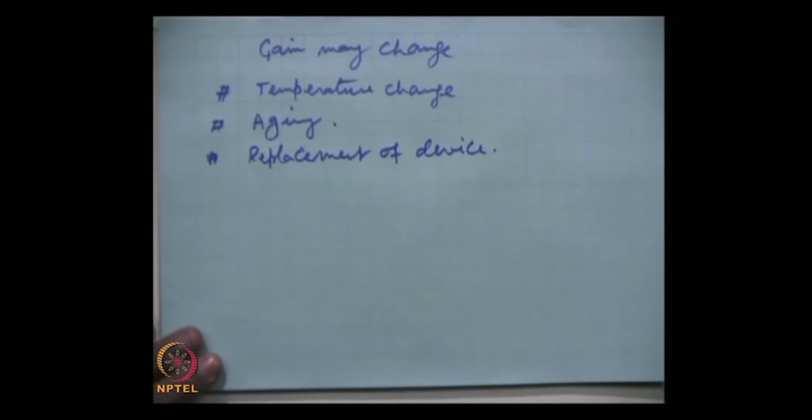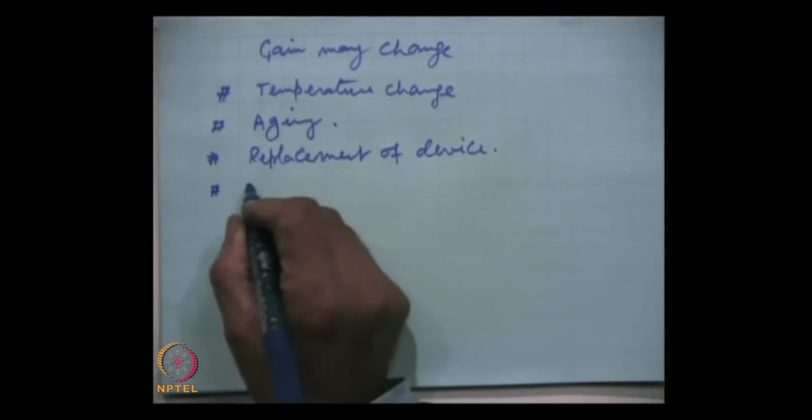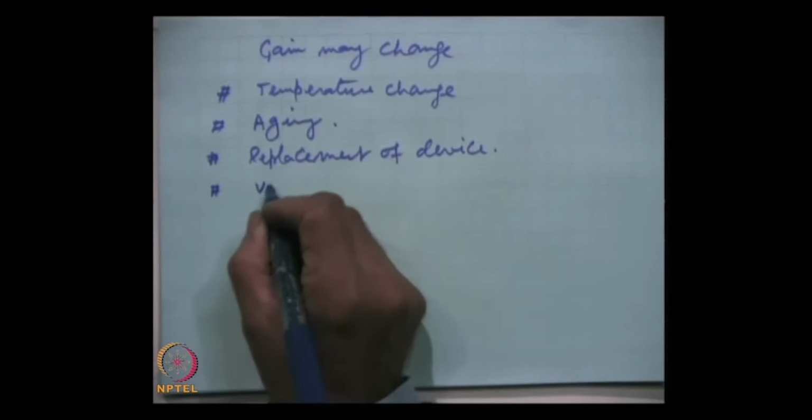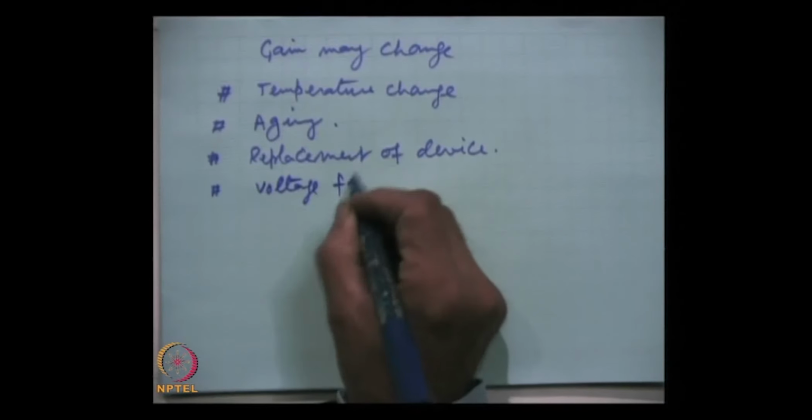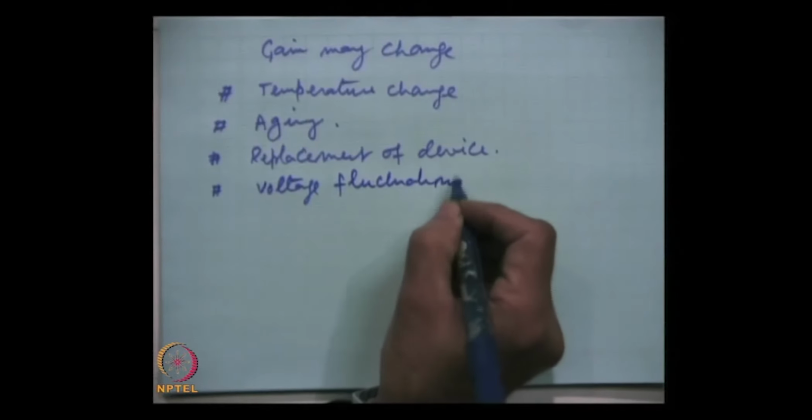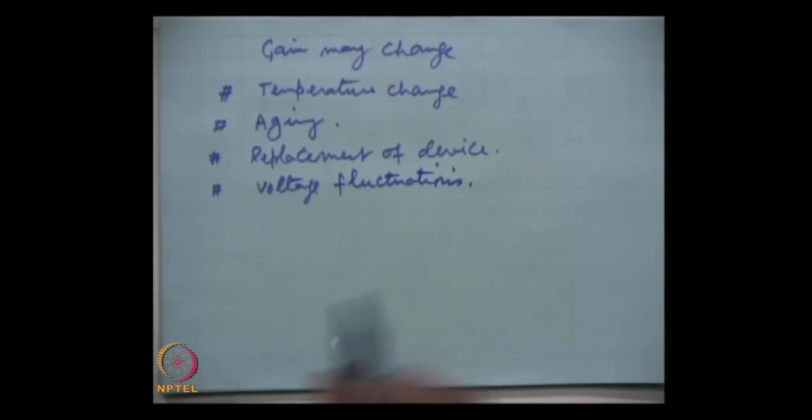If we talk of discrete circuits, then a transistor or some resistors may go bad and they need replacement, and the characteristics of the device replaced may not be identical to the earlier ones. So, these are the factors, plus there are fluctuations, voltage fluctuations for example. These are the causes which may change the performance of the amplifier.